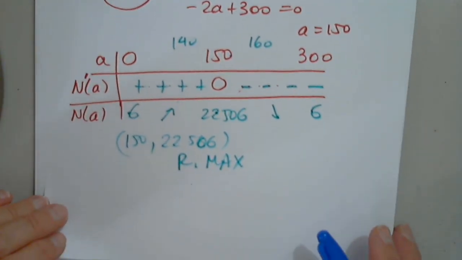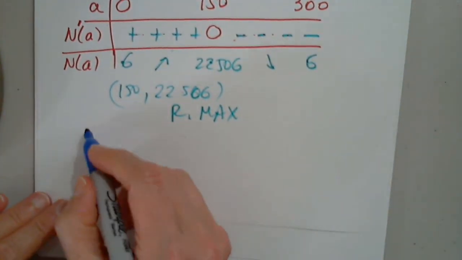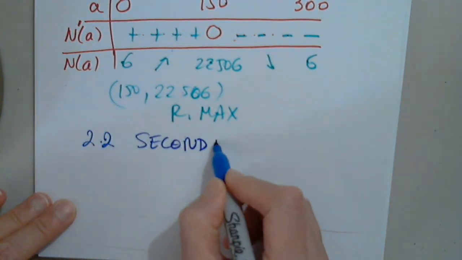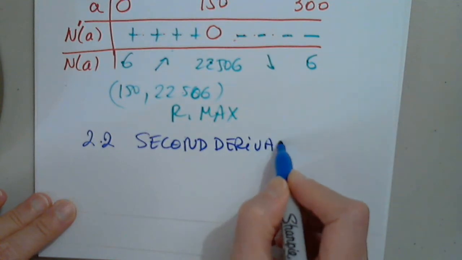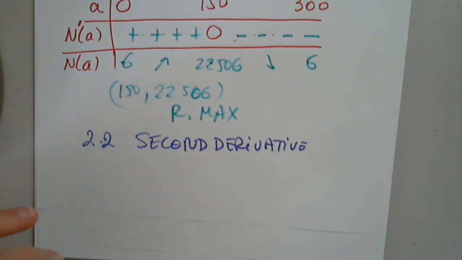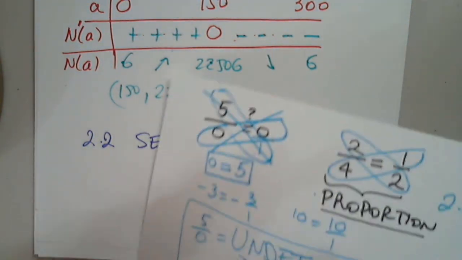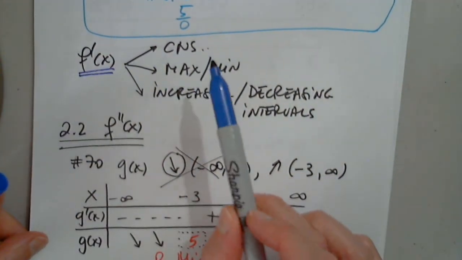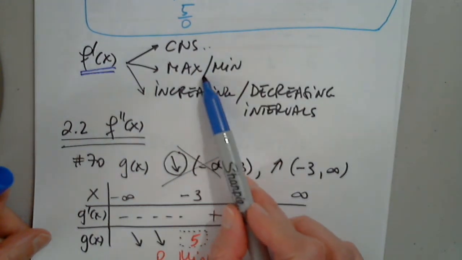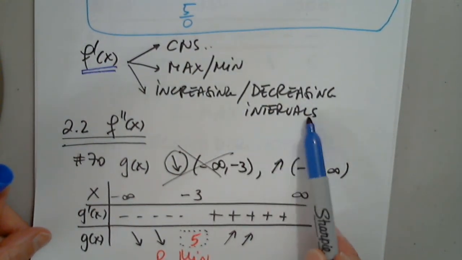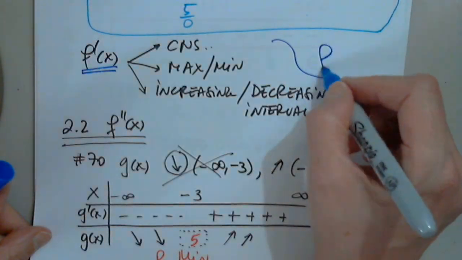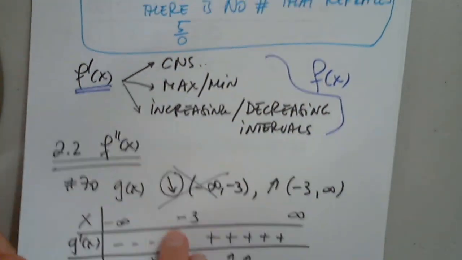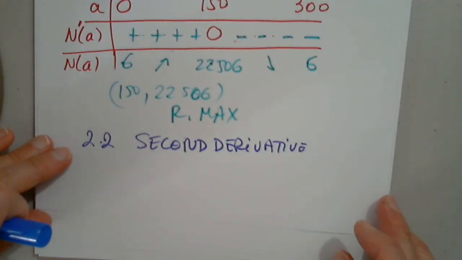Okay, so in 2.2, we're going to talk about the second derivative. So we know again, I know I repeat, f prime gives us a lot about the function: its critical numbers, its max and min, and its increasing and decreasing intervals. They're all about the function. Now, what will the second derivative give?